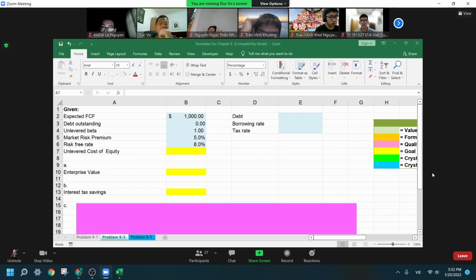And then here they say that the unlevered cost of equity for the firm is 8%. And it's very obvious. Why do I say it is obvious? Because, okay, from the unlevered cost of equity, the market risk premium here is 5%, beta is 1, risk-free rate is 8%. So okay.